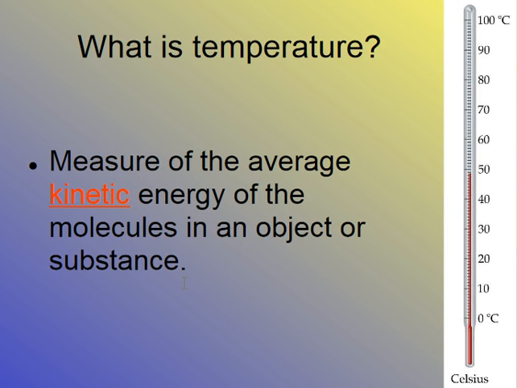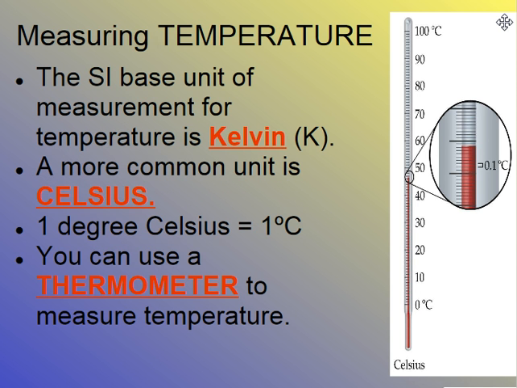So keep in mind, you're actually going to need this definition for the temperature lab. Use this definition on the test as well. And typically, if you look over here, Celsius, that's what we're going to use in here. Now, the official SI base unit for the metric system is Kelvin, but a more common unit is Celsius.